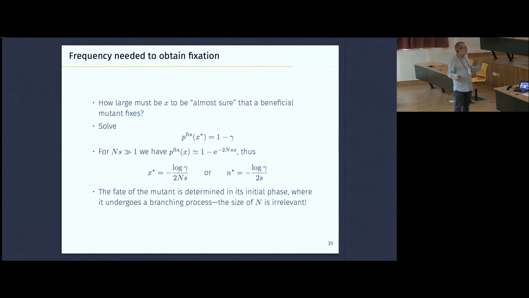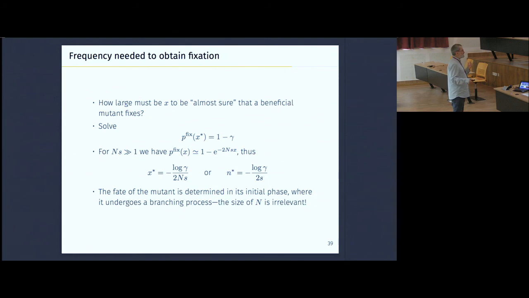where it undergoes a branching process. We can treat it as a Galton-Watson process, in which the total size of the population is irrelevant. When it reaches this value, say, number of individuals of this size, then we know that it is pretty sure that it goes to fixation. So this introduces an important concept. When does a fit mutant get established?